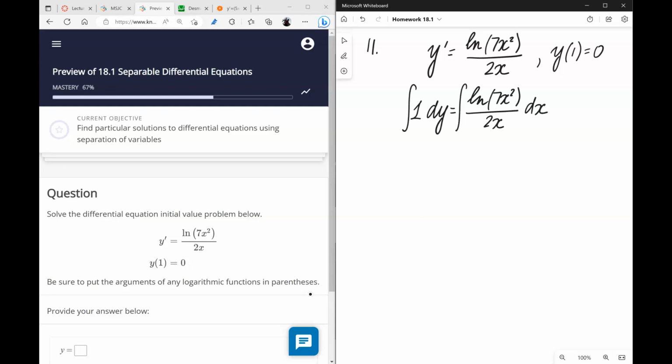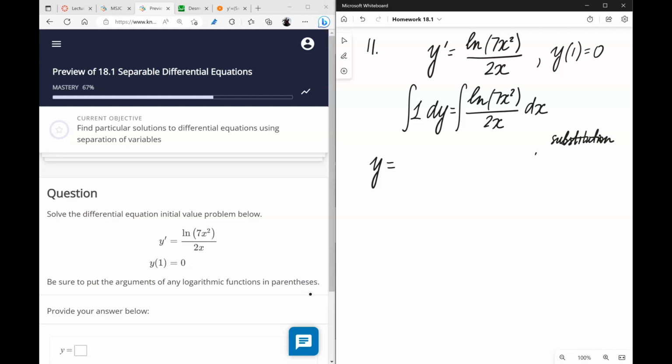So on the left side we end up with y, and on the right side we actually need to do a substitution. So let's set it up as a substitution.